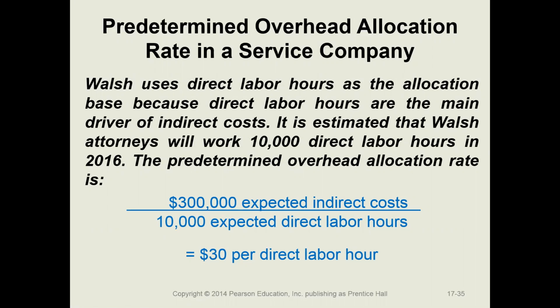So in other words, they're going to be charging $30 of overhead or indirect cost for each one hour of direct labor that's used on a job, or in this case for an attorney, each job would be a client. So the client, they charge an hour's worth of labor, and then they would add another $30 for each one of those labor hours as the overhead.